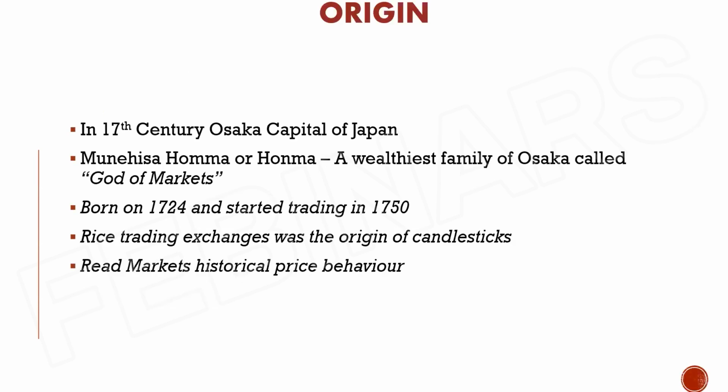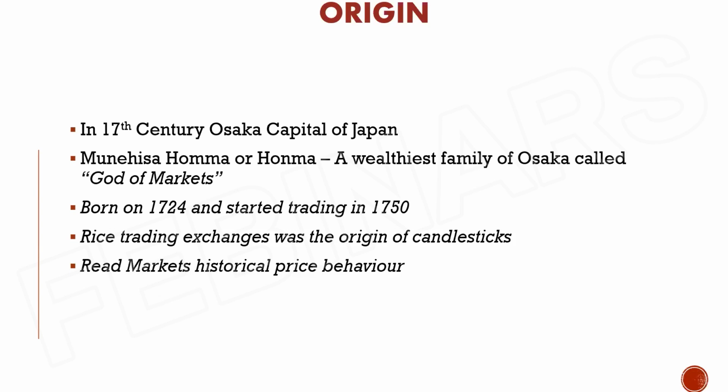So basically, in the 17th century, Osaka was the capital of Japan. A guy named Homma, Munehisa Homma, from one of the wealthiest families, who was called the god of markets, started trading the rice markets using historical data and the candlesticks.